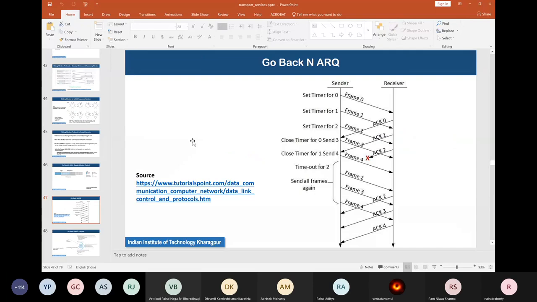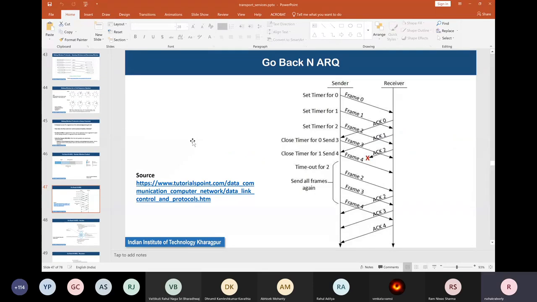Let us see. Consider a situation where the sender is allowed to send maximum 3 frames at a time. So the window size is 3.